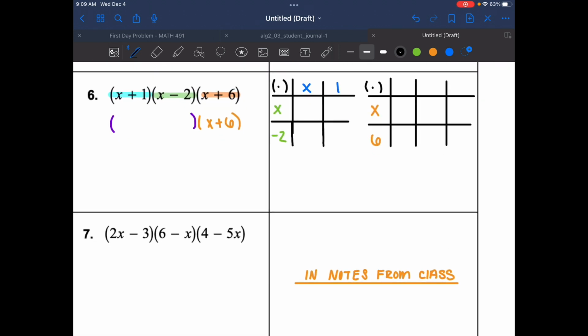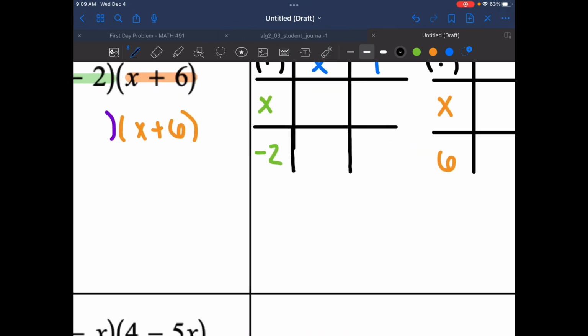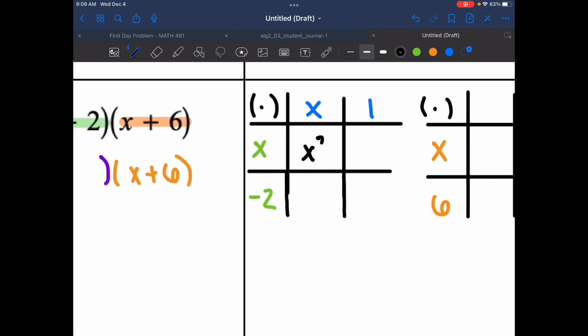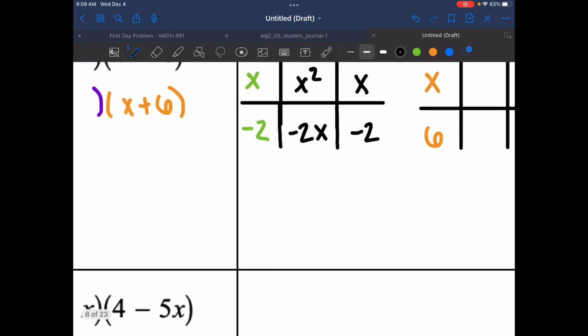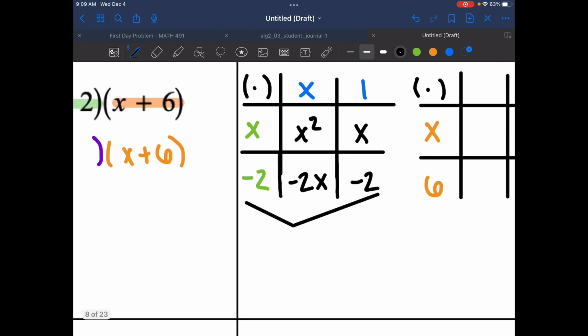So this one's going to require 2 tables, and you'll see why. Again, I've color-coded it the best that I can. So for this first box, we're going to get x squared, x, negative 2x, and negative 2. Okay? This is going to come together to create the polynomial x squared minus x minus 2.